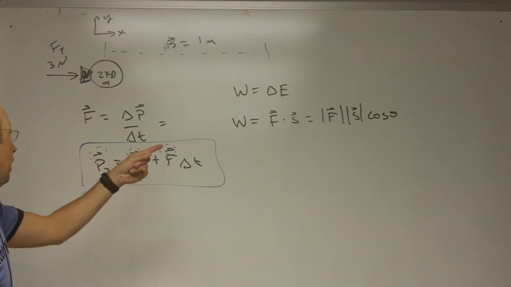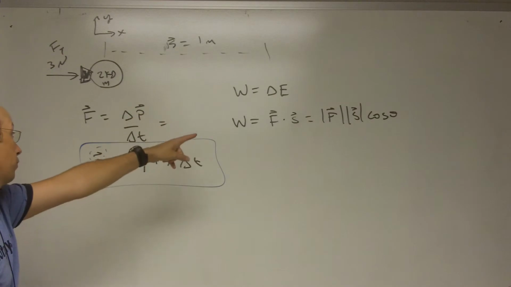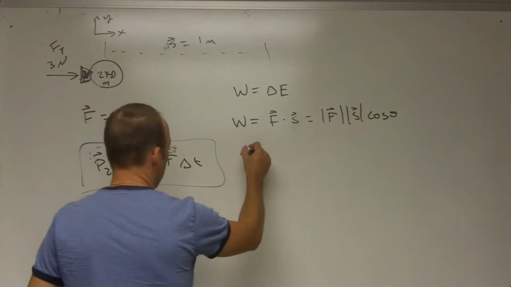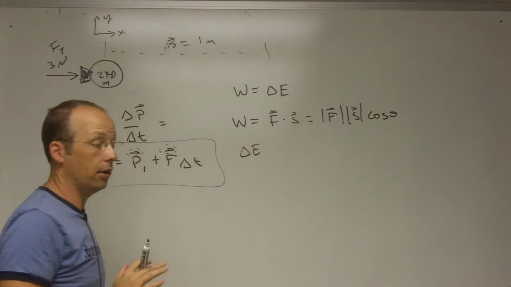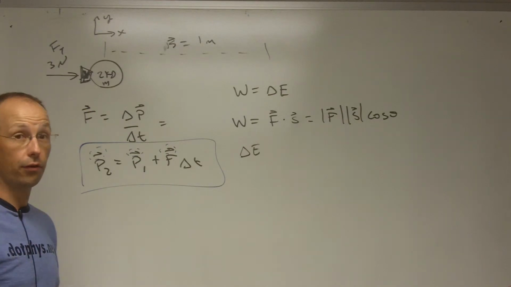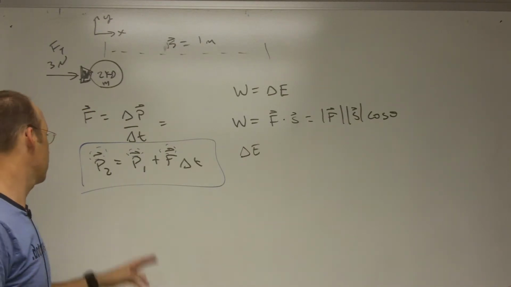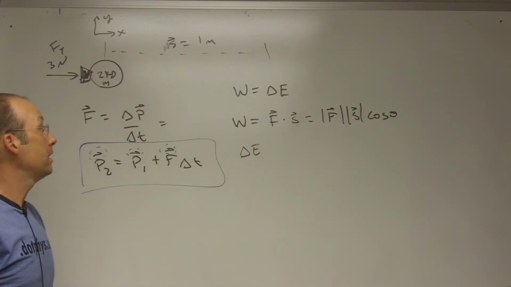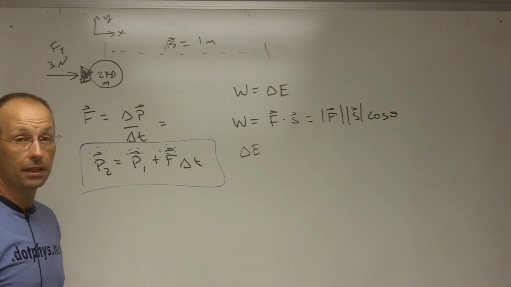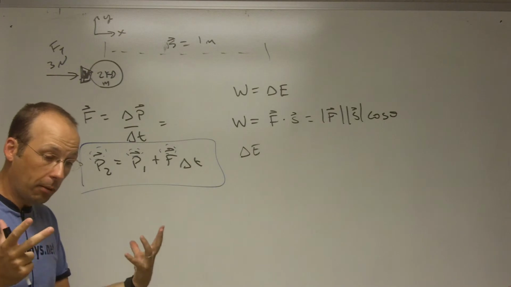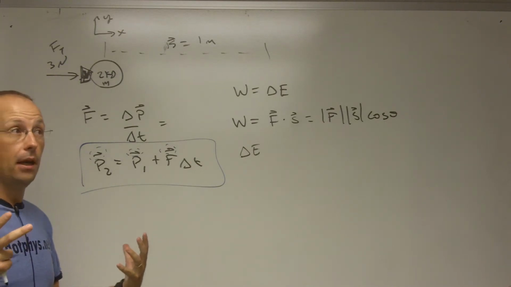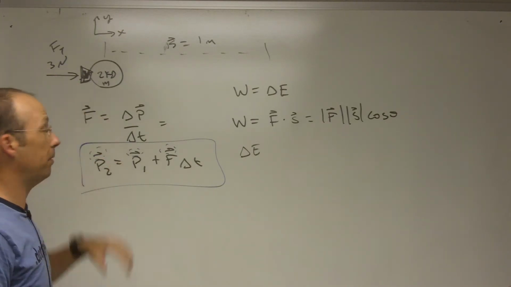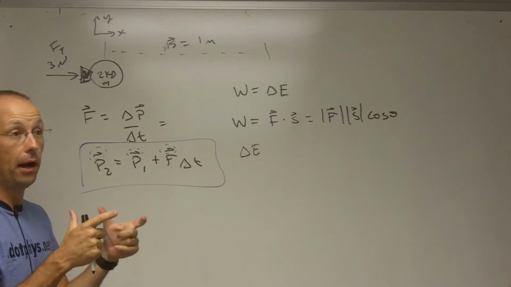What about the energy? That's work. What about delta energy? Now when you do the change in energy, it's very important. First, it's a change, just like here we're dealing with a change in momentum. Second, what is my system? What am I talking about as changing energy? In this case, I think you would probably just pick the space probe, the robot thing.